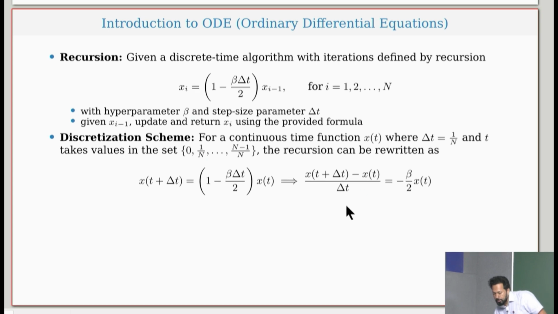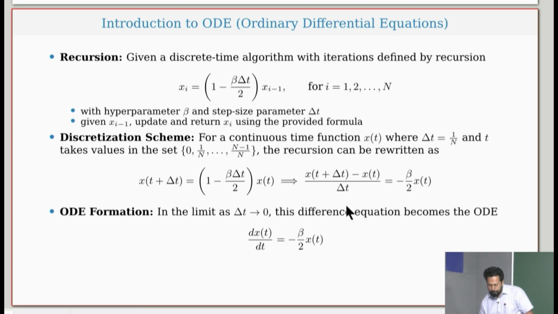So this is what we will do. If we take the limit as delta t tends to 0, this difference equation becomes dx by dt. This is like derivative of x. So we wrote this left hand side as dx by dt, and right hand side is minus beta by 2 xt.